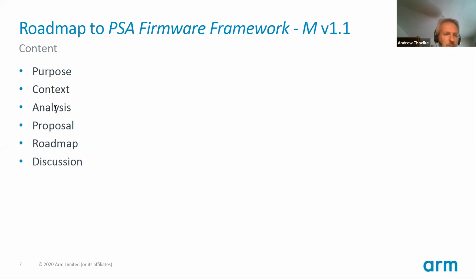This slide deck has a little bit about the purpose of the update to the architecture, some of the context, which is where we are today, some analysis of the challenges, an outline of the proposal, and then a brief set of 7 steps, which is the roadmap to get to 1.1. I'll explain why we've put it in as a roadmap rather than saying it's just another version.